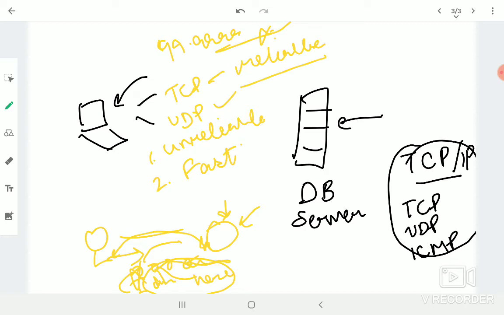If during a communication a packet is dropped, the receiver will ask the sender to send that packet again. That makes it more reliable. The receiver will make sure that it acknowledges all the packets that it has received from the sender.